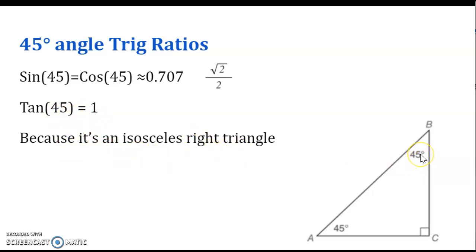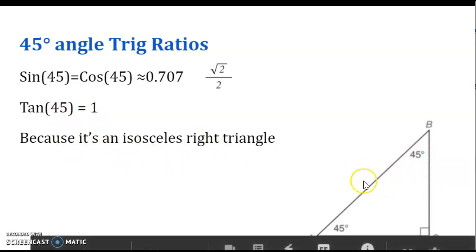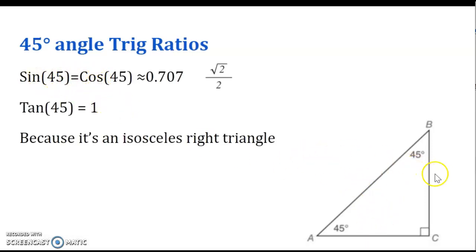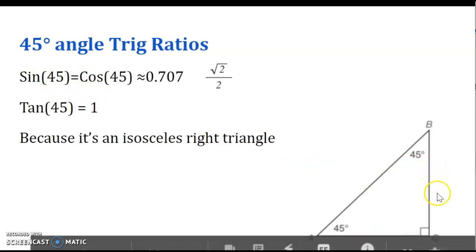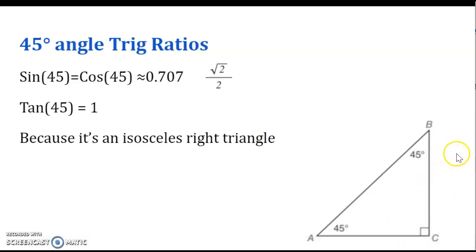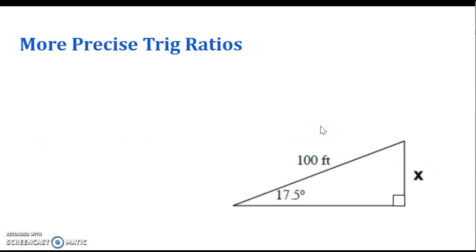So if you have a 45 degree triangle, then the ratio is going to be 1 over root 2 for sine or cosine. However, tangent of 45 is opposite over adjacent, and these two sides are equal in length. That's what we know about the 45-45 triangle. Because it's an isosceles triangle, it's always going to be true.